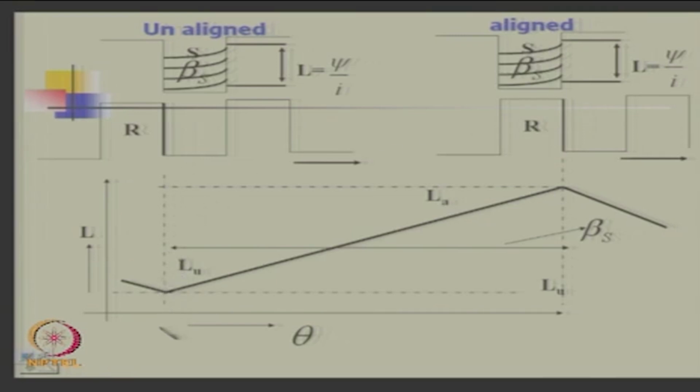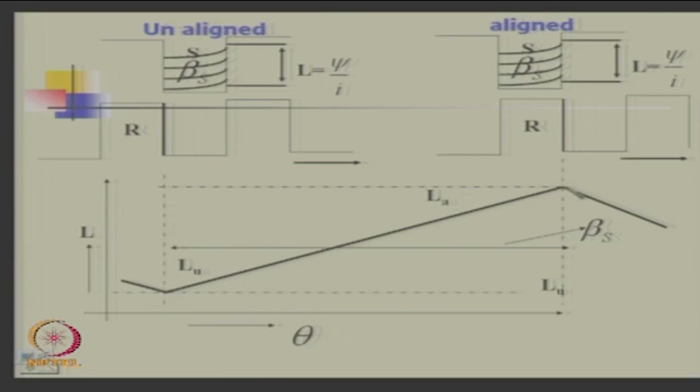So, supposing I plot this from unaligned to aligned, the variation goes from LU, unaligned, to LA, aligned. You are assuming the variation to be linear, linearly changing with beta S. This angle is beta S. This scale is much larger than this scale, it is not one to one.